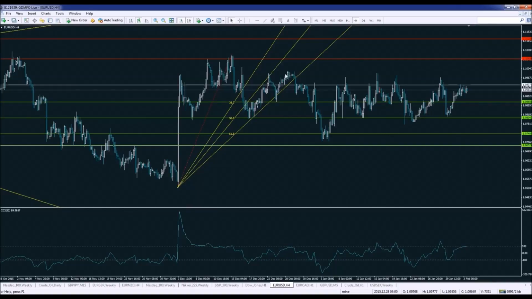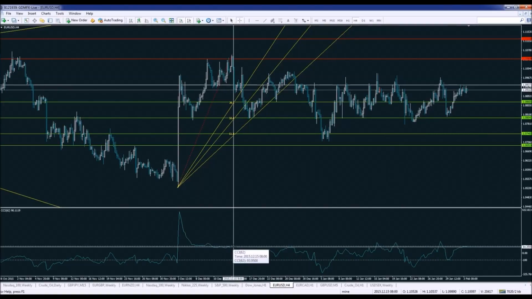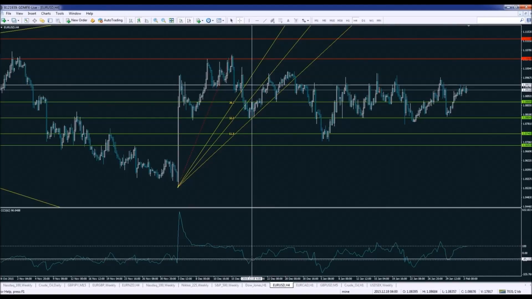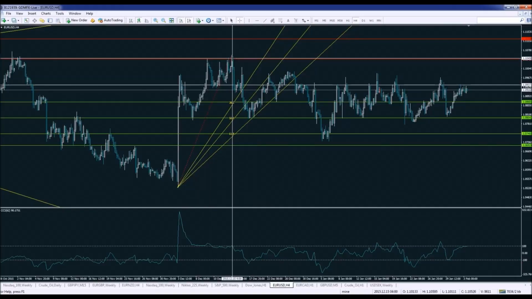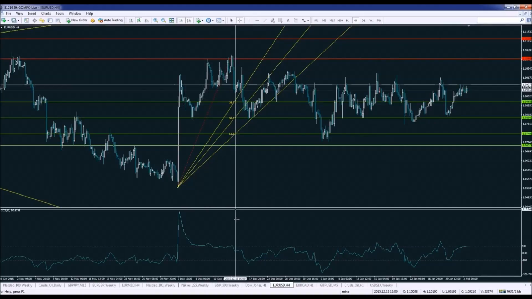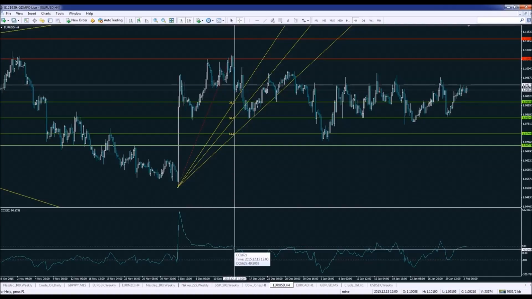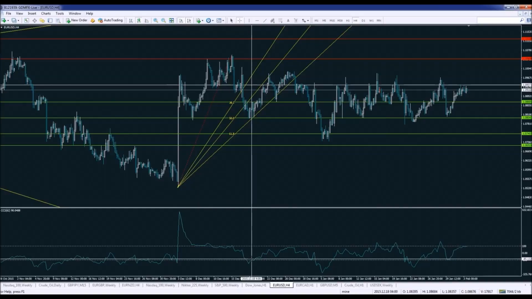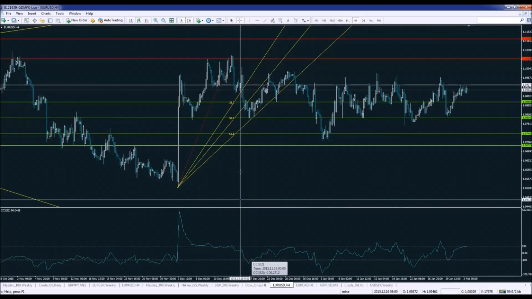Because it is obvious that this cycle retraced more than 50%, which is marking the actual end of the cycle, and we can determine that by using the commodity channel index to determine the beginning and the end of this cycle. So the beginning is over here when the commodity channel index breaks the 100 level, and the end of the cycle is when the commodity channel index breaks the minus 100 to the upside.